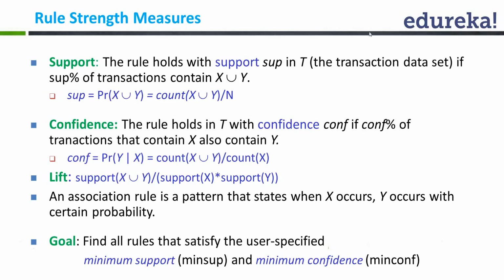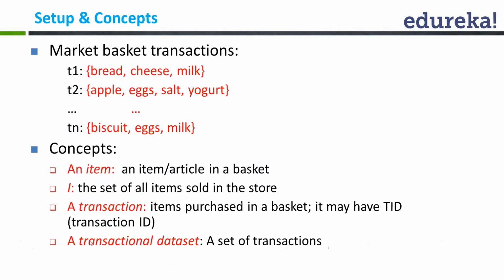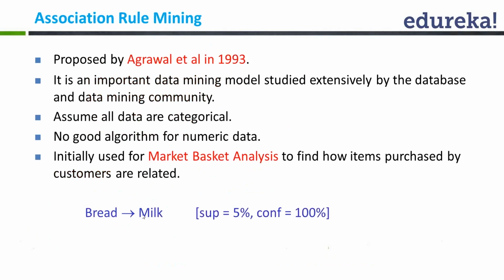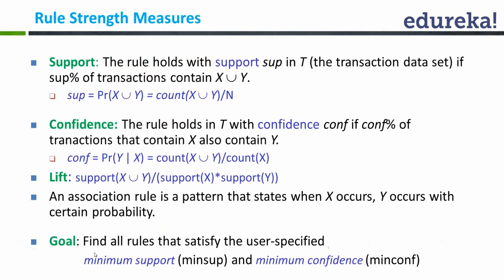The specific way in which you compute that support is simply this. My rule is X implies Y, and in our example, X is bread, Y is milk. To compute the support of X implies Y: count of X union Y divided by N, where N is the total number of transactions in your data.